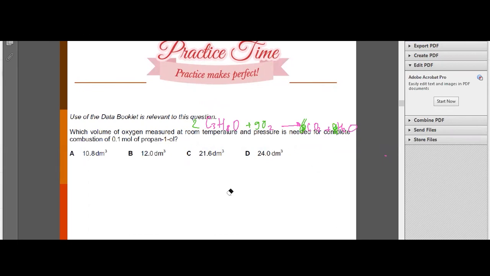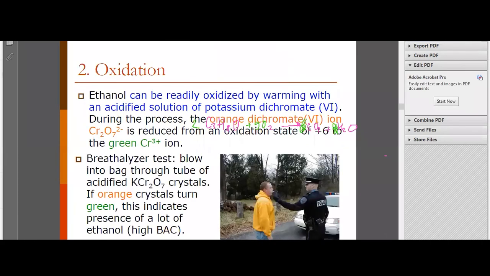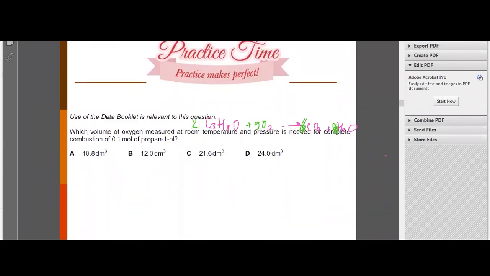Which volume of oxygen measured at RTP is needed for complete combustion of 0.1 moles of propan-1-ol?